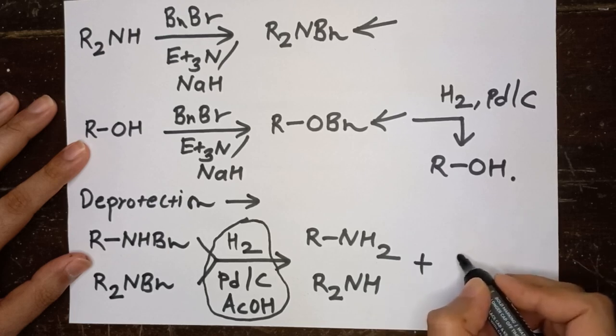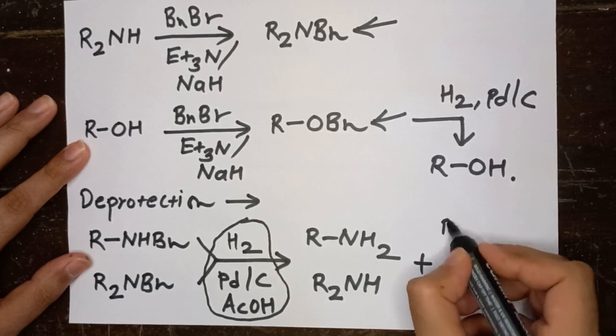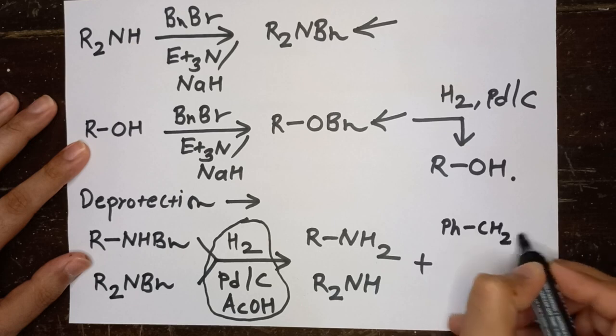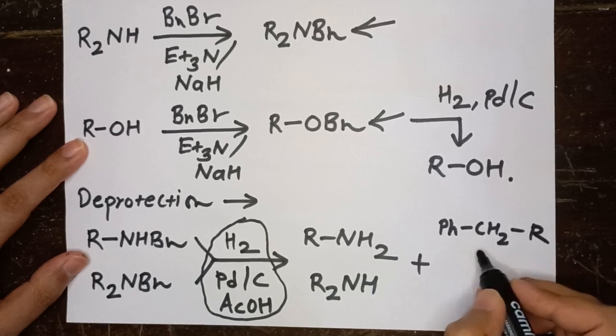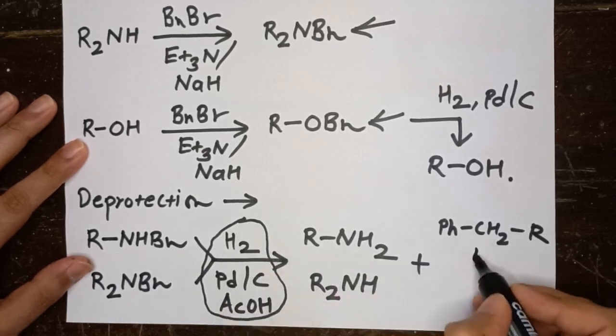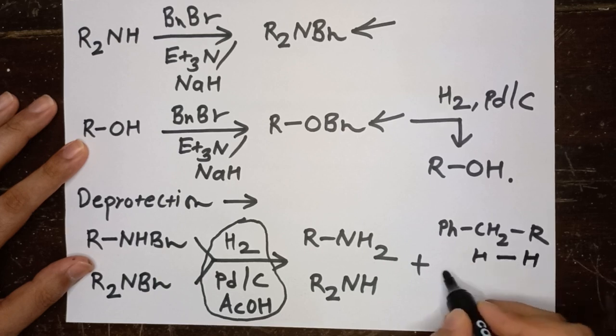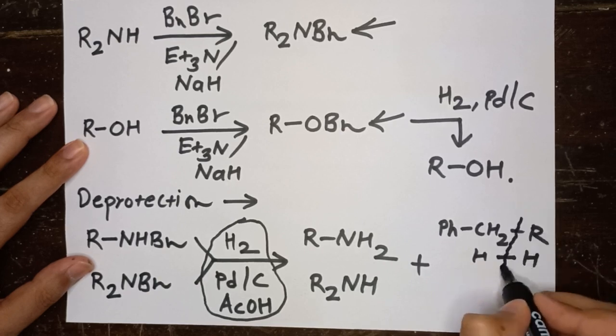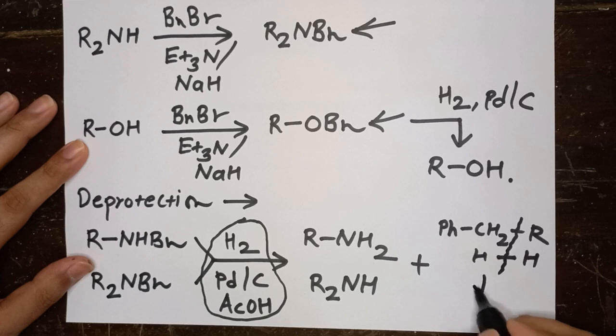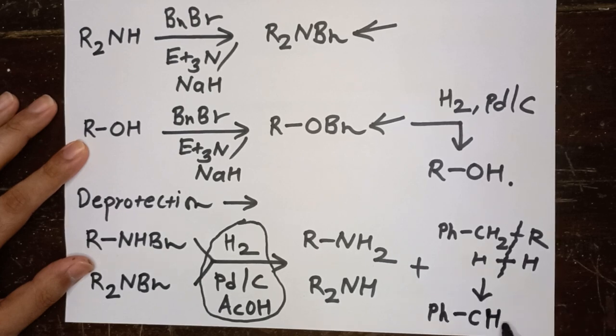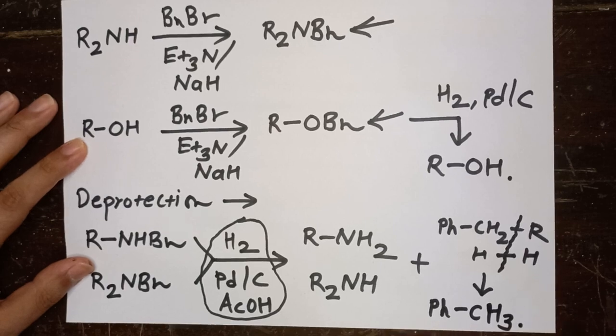Well, remember we have PhCH2 as a benzyl group. So in this reaction we are simply adding hydrogens across this bond. And in this reaction the byproduct is PhCH3, which is nothing but toluene.